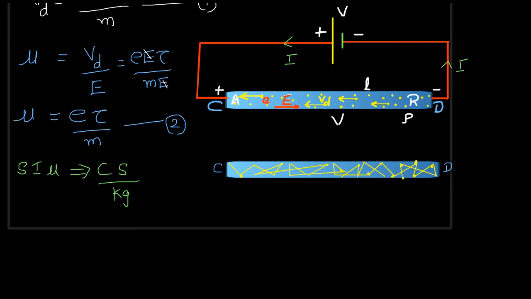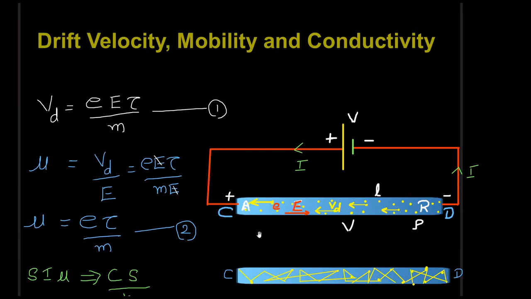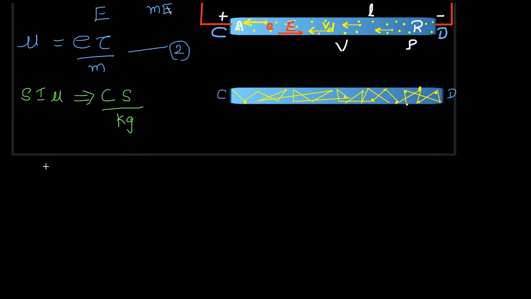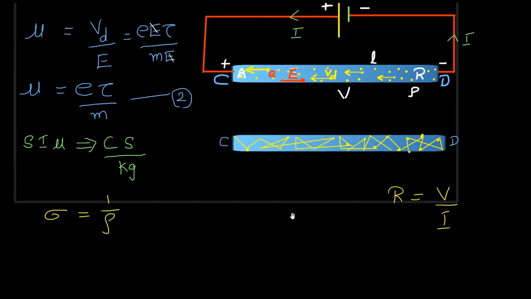Next, let us see what is conductivity. Conductivity is represented by the symbol sigma, which is the reciprocal of resistivity. And we know, according to Ohm's law, resistance R equals V by I, where V is the potential difference and I is the current flowing through the conductor.